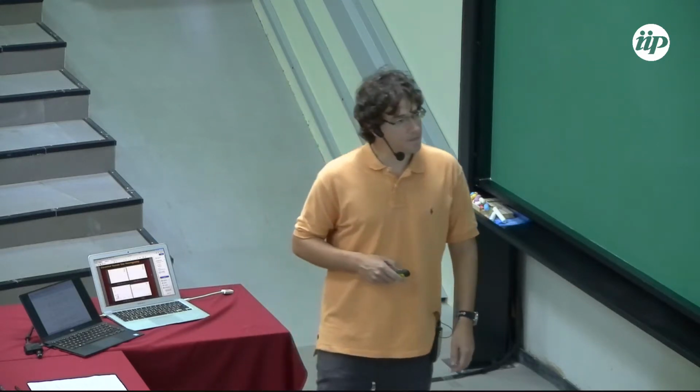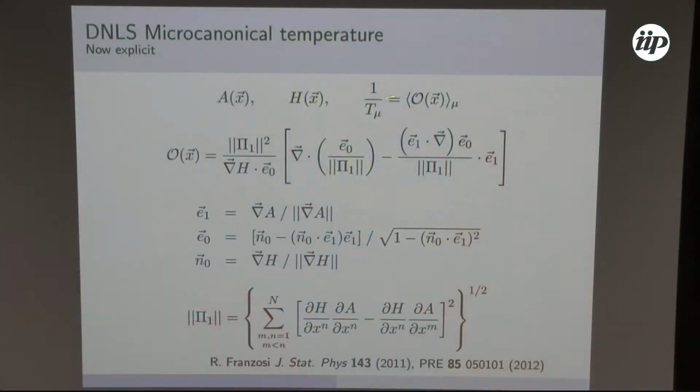Before showing this, let me show the microcanonical definition of temperature in its full form. As you see, it's quite complicated, but you realize that it's actually a function of derivatives of the total energy and the total number of particles.